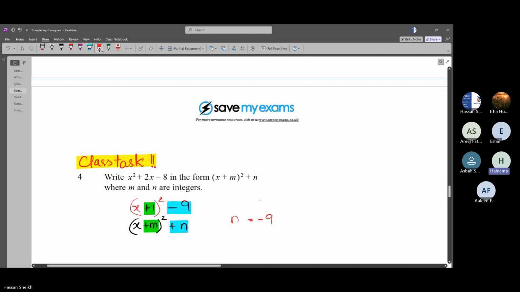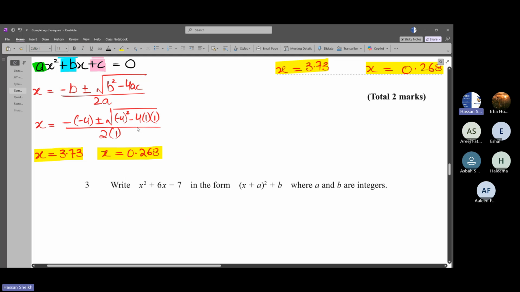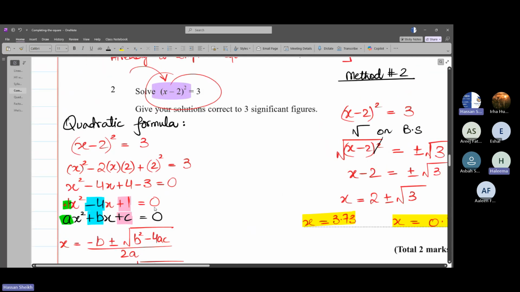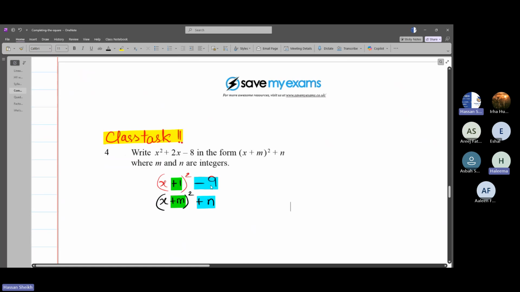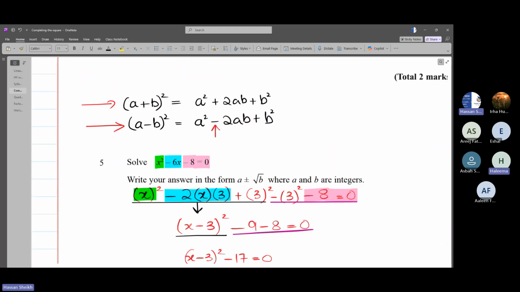Yes. Sir, how do we get to know that we have to first divide by 2, and when do we have to do this? You mean the step that we follow here, taking two common? Yeah. Okay, that is very simple. Look, what is the coefficient of x square here?